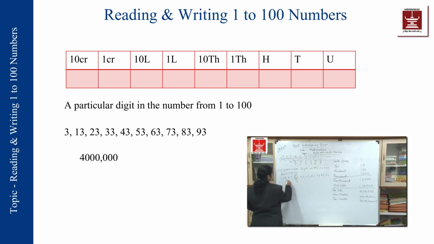If I'm supposed to write 40 lakhs, 40 lakhs means a 7 digit number. So I'll write here 4 and remaining all are zeros. So how many zeros do I have? Units, tens, hundreds, thousand, 10,000, 1 lakh, 10 lakh. So this number becomes 40 lakhs. And how many zeros are there? 6 zeros are there.